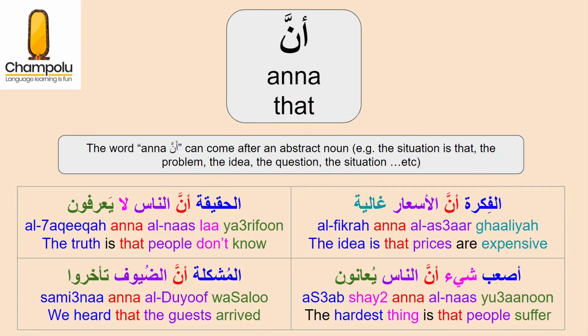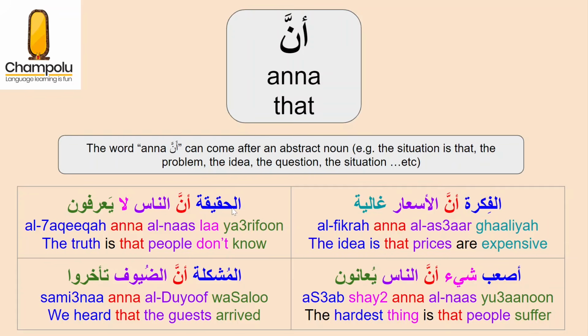So we can see it here, for example, in this sentence. الفكرة أن الأسعار غالية. So الفكرة here means the idea. The idea is that prices are expensive or prices are high. So this is how we started. الفكرة, and then we have أن.